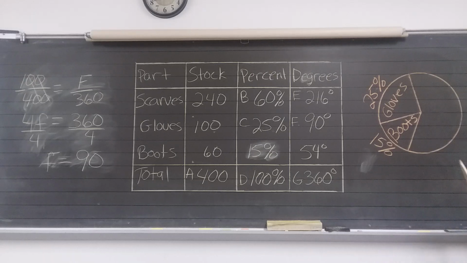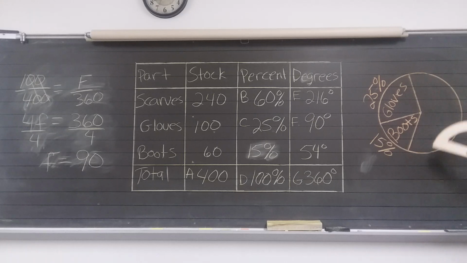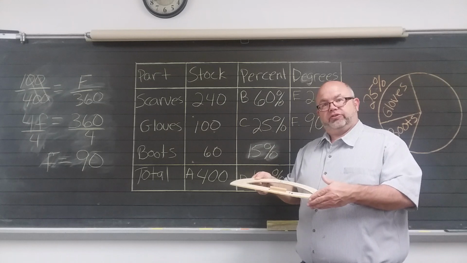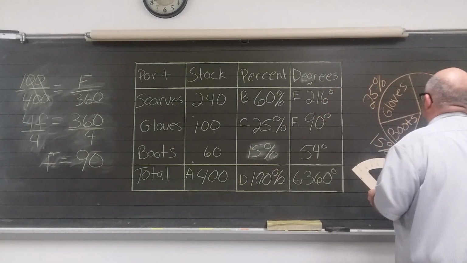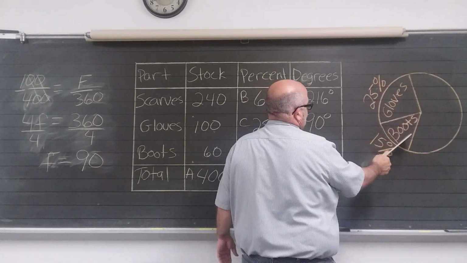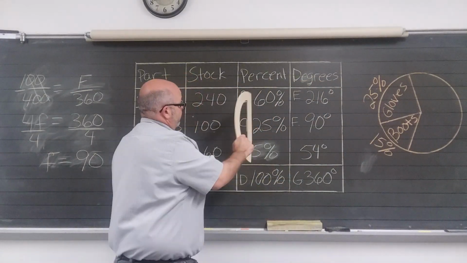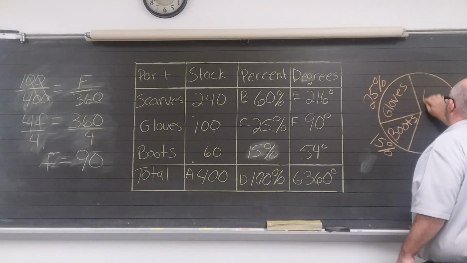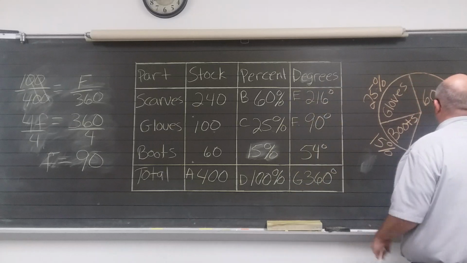You could split that one in half and measure it and see that it's 216 degrees. A flat angle is 180 degrees, so we don't make anything bigger than a flat angle technically. But if you do these correct, 90 degrees, 54 degrees, then what you have left is your 216 degrees, which is your 60%, a little more than half, which is scarves.